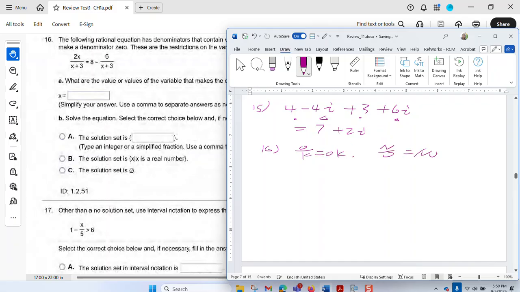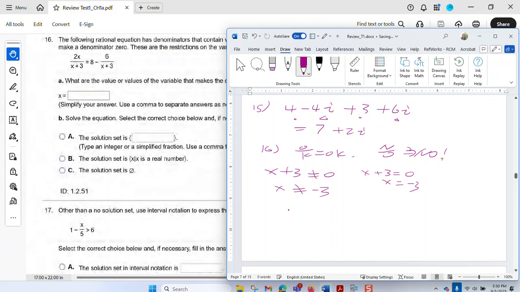We have a denominator here, both are x plus 3, so x plus 3 cannot be 0. If you set x plus 3 equal to 0, x will be negative 3, right? So that means x cannot be equal to negative 3.